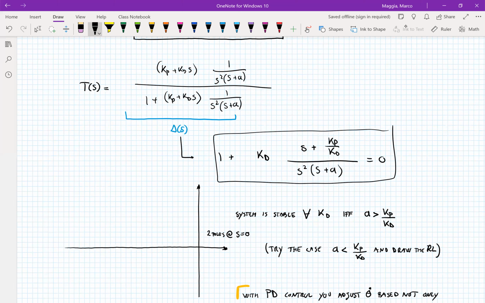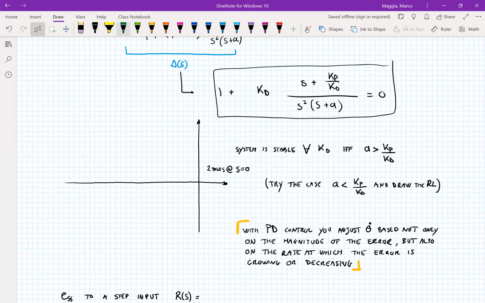Why not? Let's also see the root locus. It's always good to draw the root locus so you can see whether or not you're dealing with a stable system. That's very important. In this case, we have 2 poles at the origin, as before, 1 pole at minus A, and then we have 1 zero.